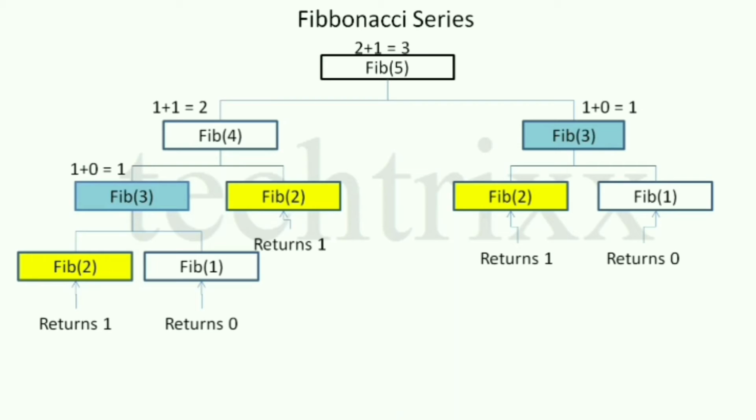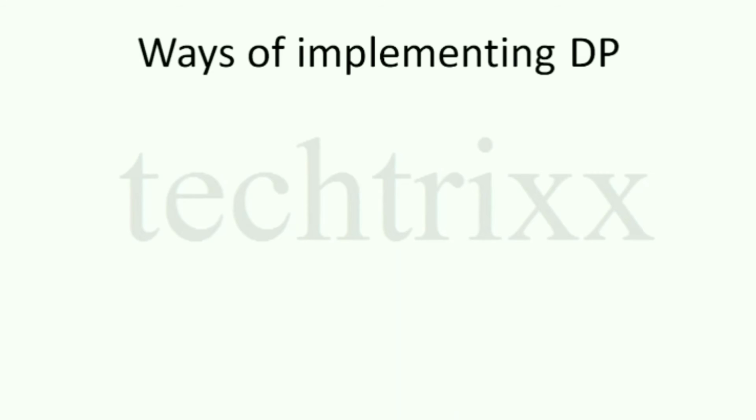So this is a small recursion tree. What if we have a big number? This recursion tree will be more repetitive. To overcome this issue, we have dynamic programming. Now we know the limitation of using regular recursion: if the recursion tree is too deep, it will lead to a stack overflow.